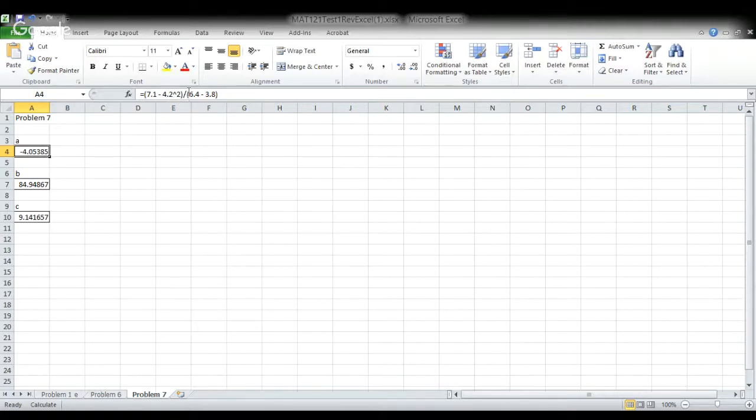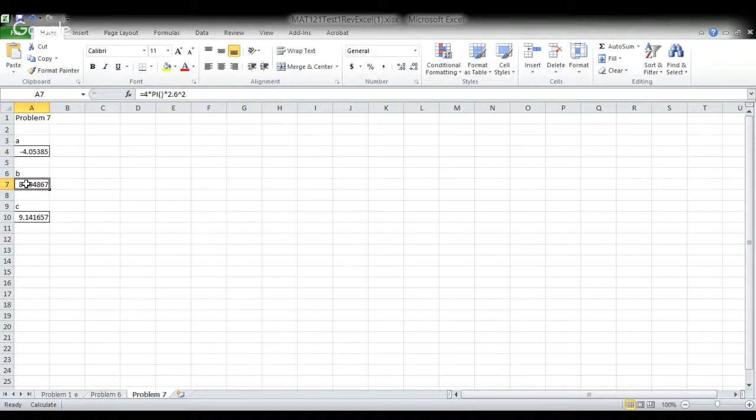If you have this type of fraction, it's actually division when you put it into Excel. You have to show what's in the numerator by putting it in parentheses so that Excel knows all that's the numerator and then all that's the denominator. So make sure you put the numerator and denominator in parentheses or you're going to get it wrong, okay?